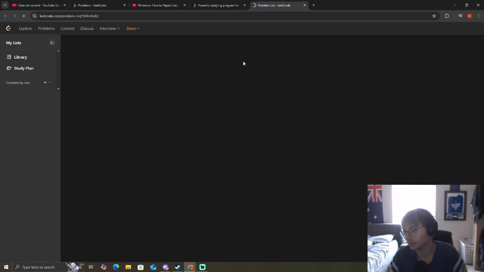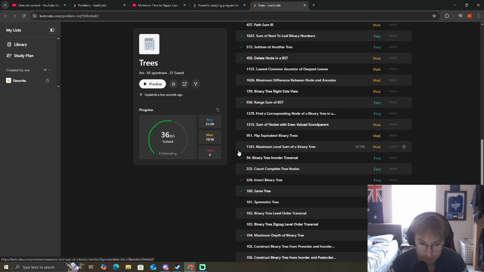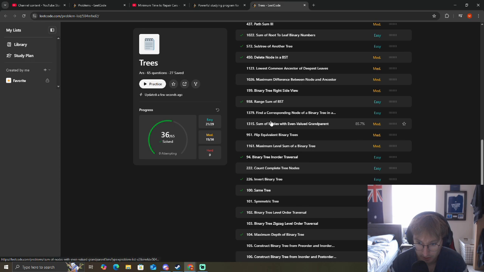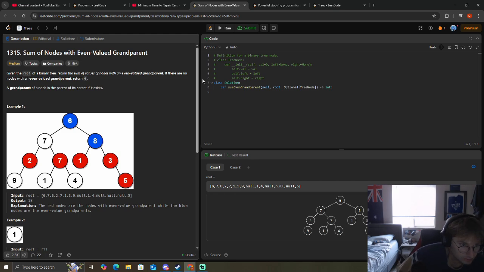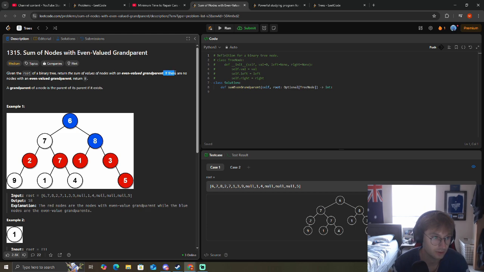I mean, sorry, a tree problem. Given the root of a binary tree, return the sum of values of nodes with an even value grandparent. If there are no nodes with even value grandparent, return 0.